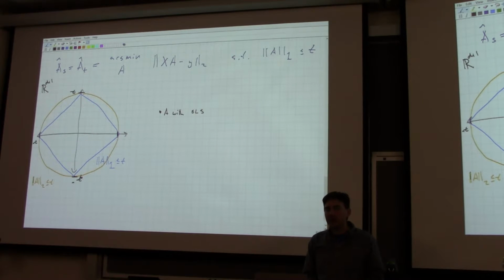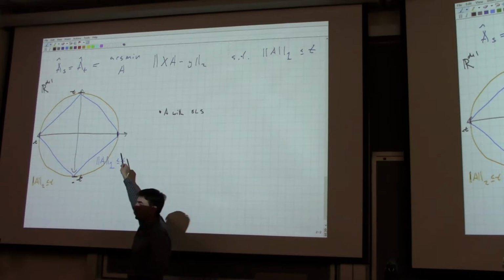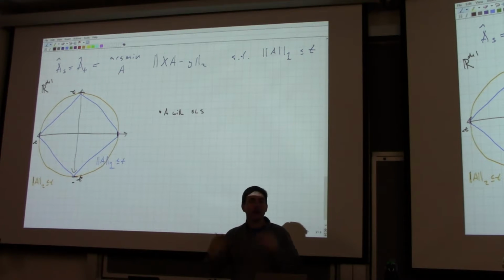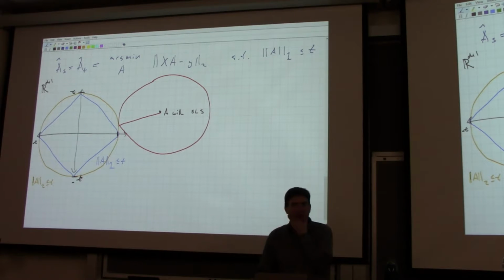So the solution I'm going to get is going to be the closest solution for A inside of this space here. Let's see what that looks like. And the closest in the L2 sense, L2 sense means inside of a ball. So let's first do the closest point to the L2 ball. I can think of drawing a ball around A. It's going to look like this.